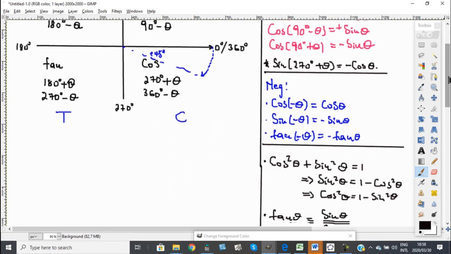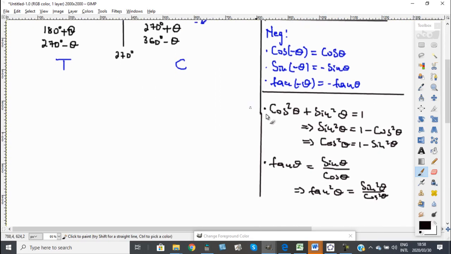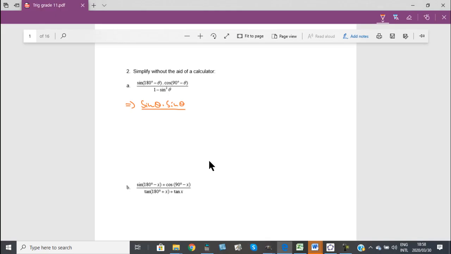From the identity sine squared plus cos squared being 1, 1 minus sine squared theta is cos squared theta, so we replace that with cos squared theta. And then sine theta times sine theta is just sine squared theta.